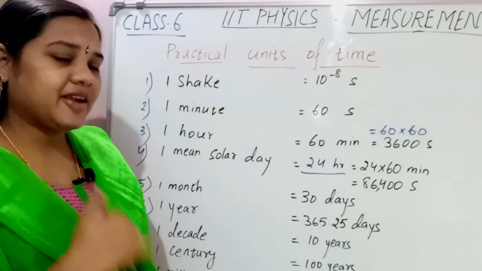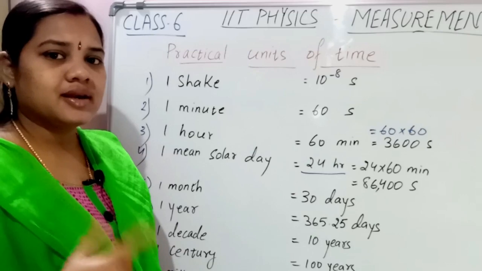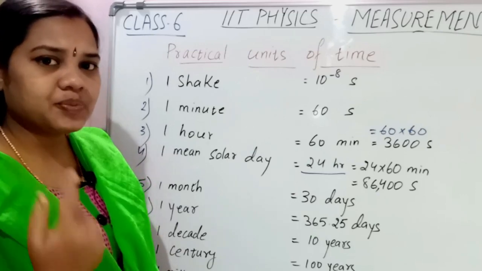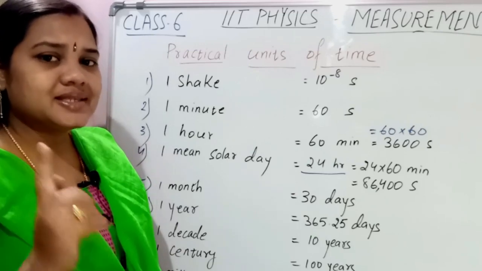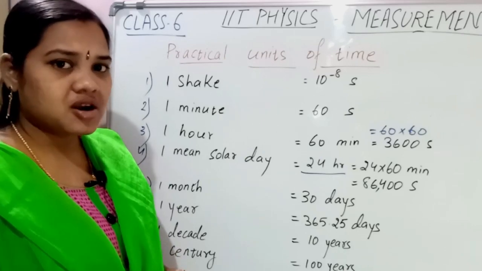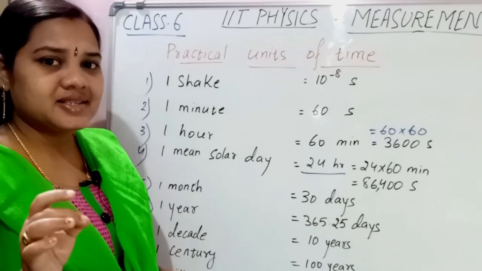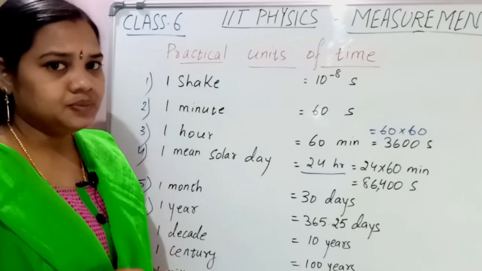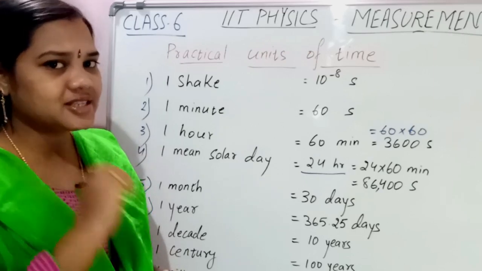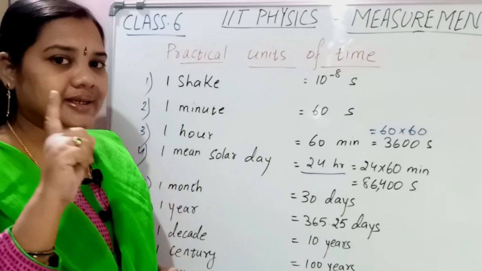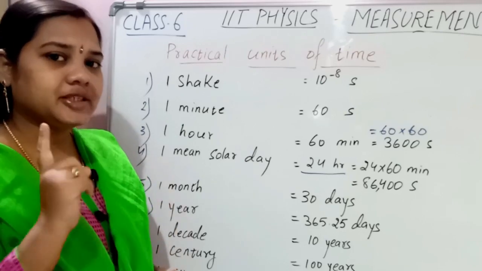In every 4 years we get one leap year. One leap year means how many days? 366 days. In that year we have 29 days in the month of February. Generally we have 28 days in the month of February, but in a leap year we have 29 days.